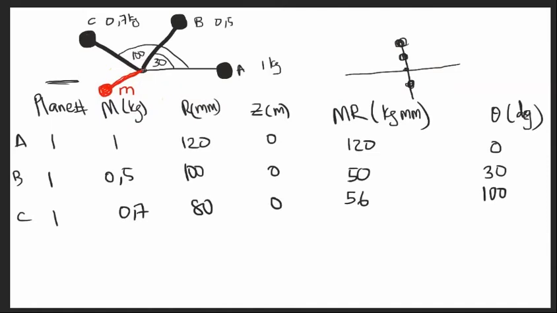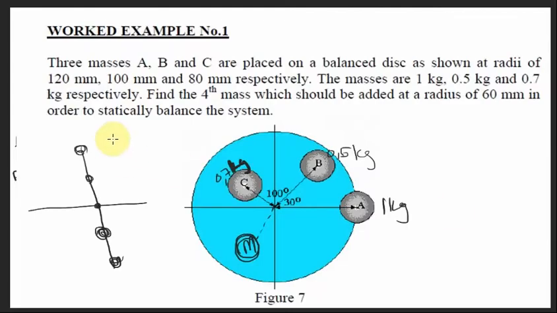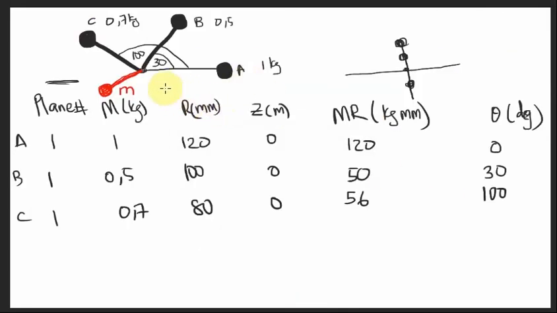So we want to add this mass, which is mass M, and we're told that this new mass is at a radius of 60.